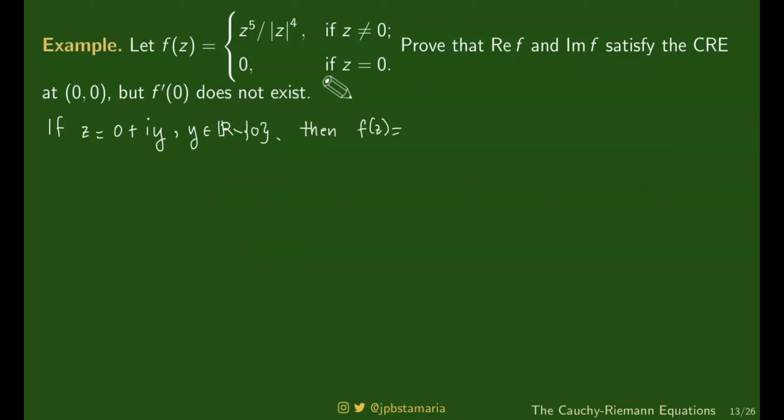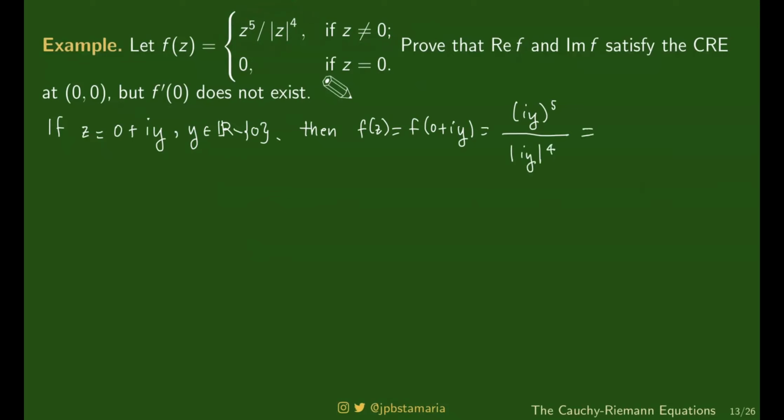Our f of z this time is f of 0 plus iy. This is the definition since z is not really getting equal to 0. So z is iy, and you have iy to the fifth divided by the absolute value of iy to the fourth power.